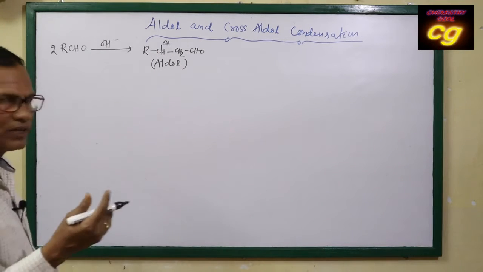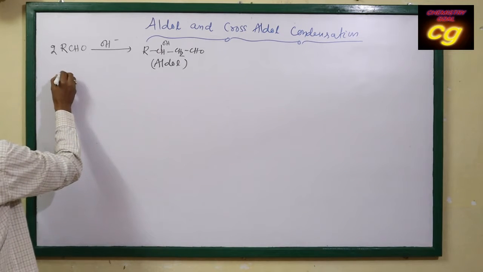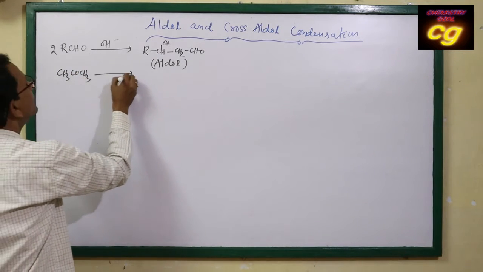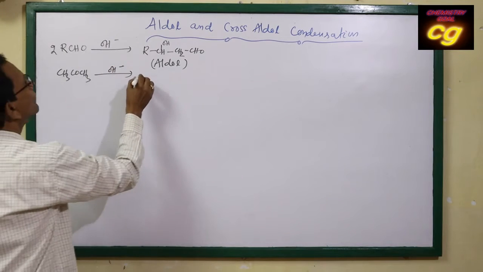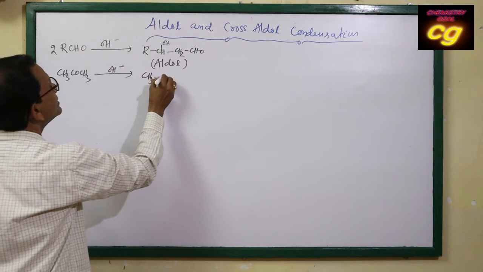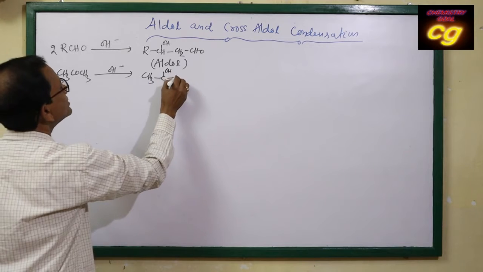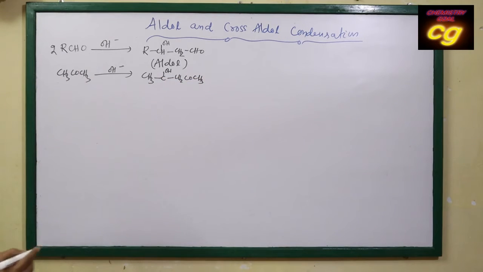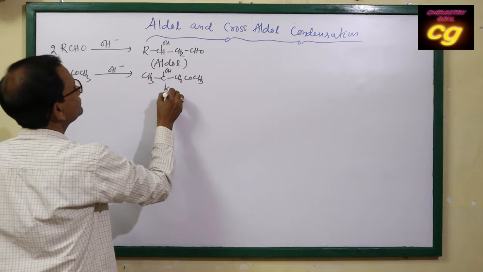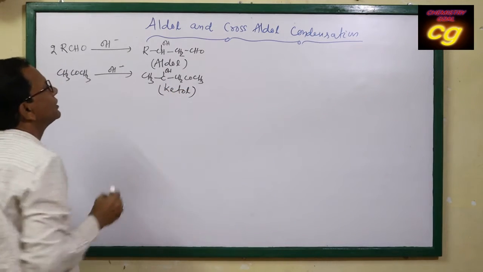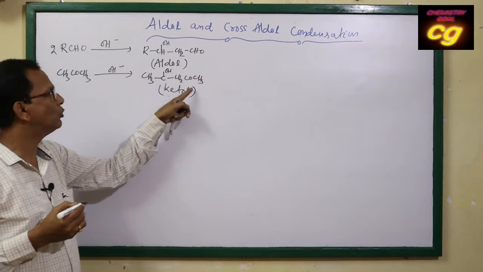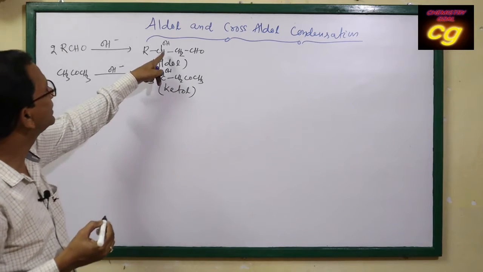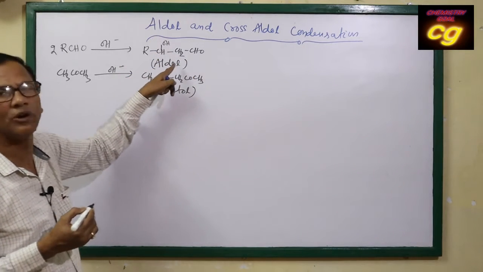But if you take a ketone, for example CH3CO, in presence of OH minus, it forms CH3COH CH2COCH3. This is called ketol. Ketol means keto group is there and OH is there. And here aldehyde group and OH group, this is called aldol.